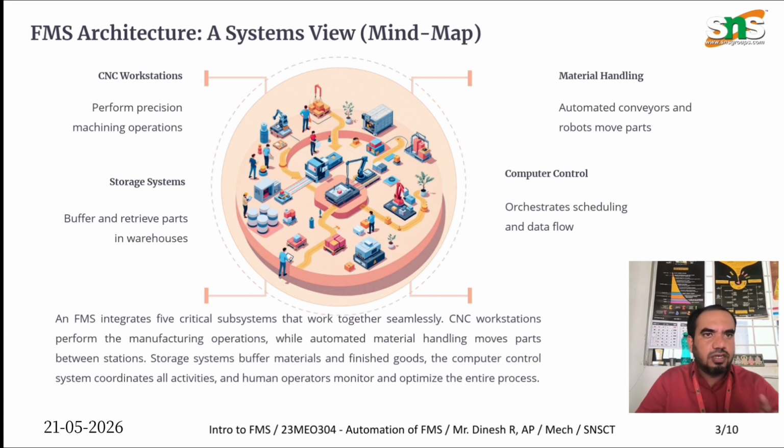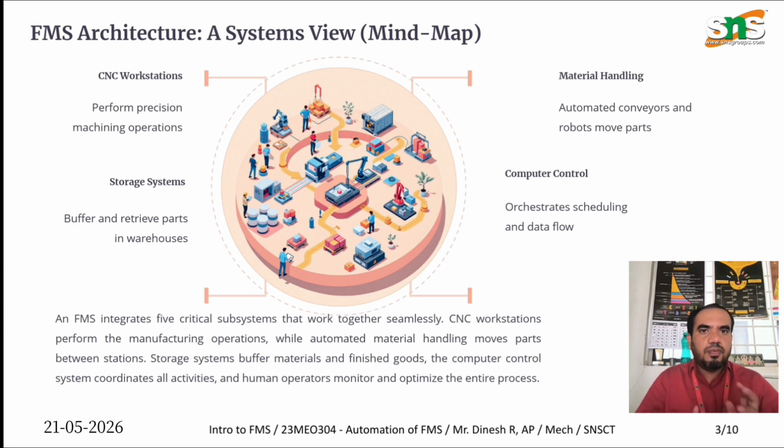The final one is computer control, where the overall data is flowed and scheduled for the entire process. So these are the four main components of FMS: CNC workstation, storage system, material handling, and computer control.